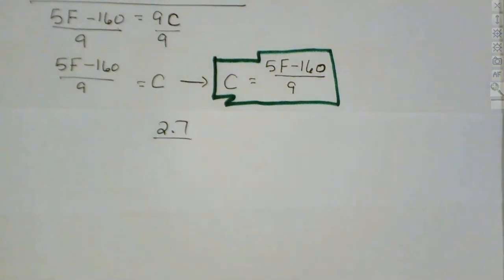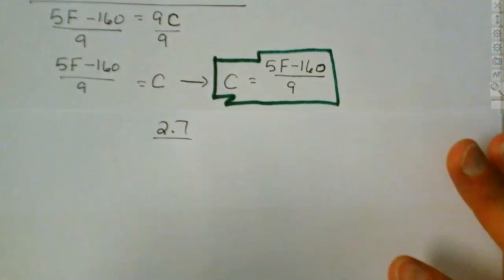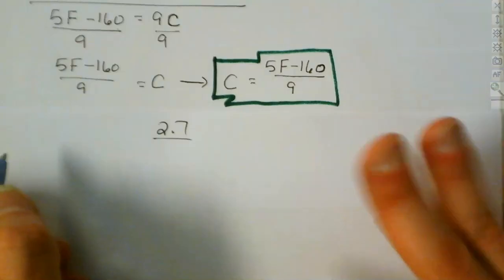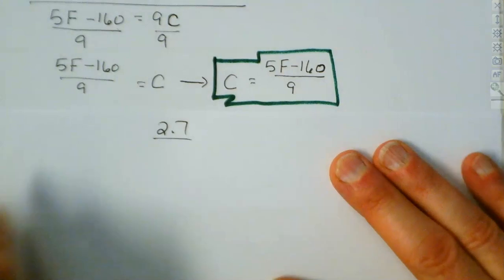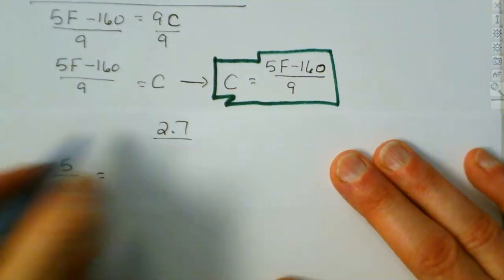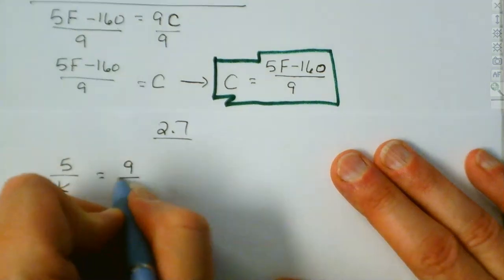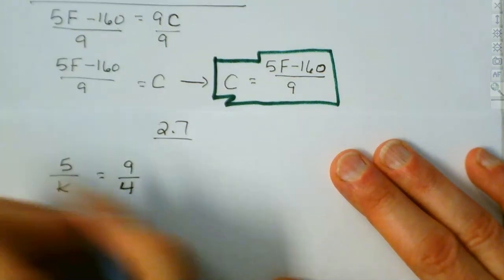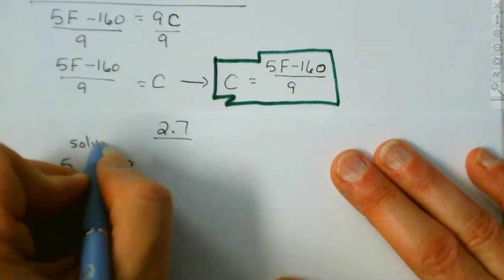Now what we're going to learn about is how to cross multiply. So we're going to learn how to solve something very simple, and I'll just make up one here. And I want you to solve this.